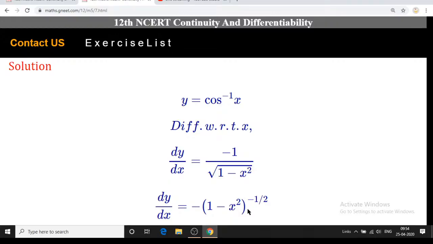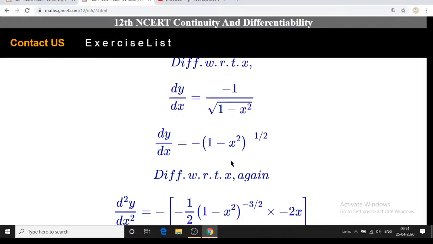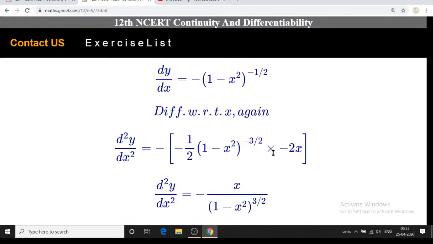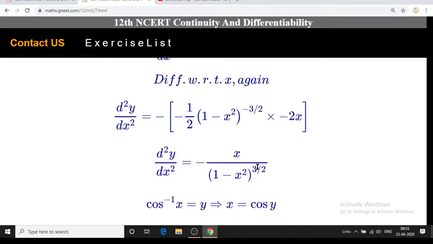This can be written as raised to minus half. So we will again differentiate. When we take it raised to minus half, we can use bracket raised to n, bracket raised to n minus 1 into the derivative of the bracket, and when we simplify up till this part, I think you will not have a doubt.